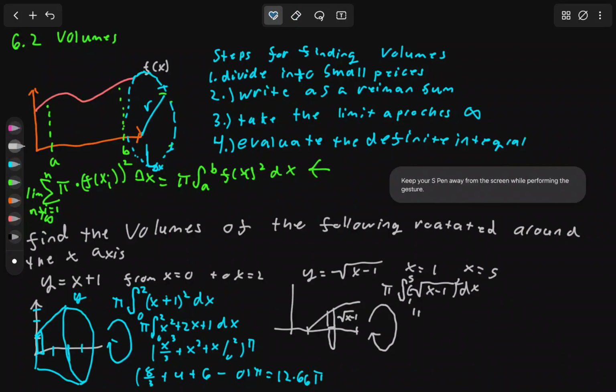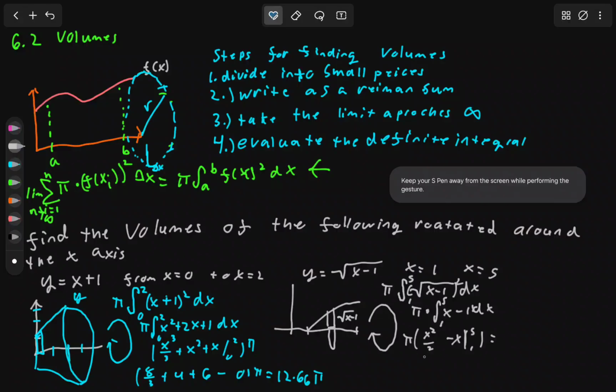So we get pi times the integral of x minus 1 from 1 to 5 dx. So we get x squared divided by 2 minus 1x, times pi, evaluated from 1 to 5.